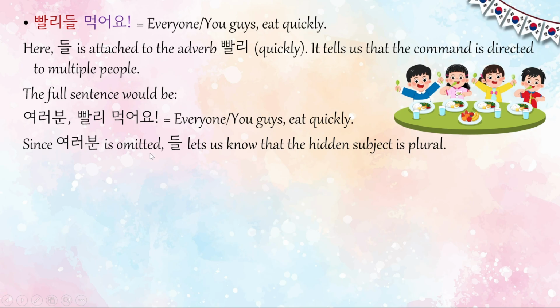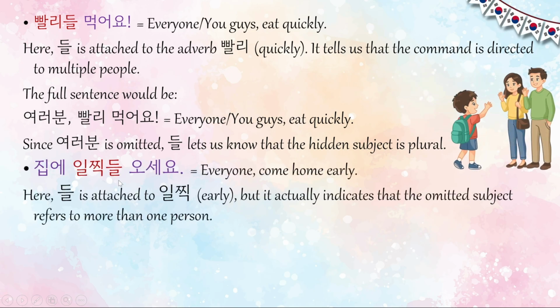So since 여러분 is omitted in the sentence, 들 lets us know that the hidden subject is plural. Okay, this was what I meant earlier, that we usually omit the subject and attach 들 to the adverb. Okay, and it is easily understood that we are talking about multiple people. The subject is plural.